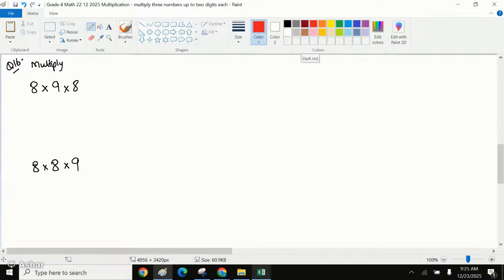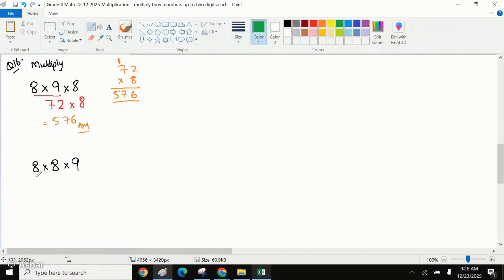What is 8 times 9? 72 multiplied by 8, right? So when 72 is multiplied by 8, we know that 8 2s are 16, we carry 1. 8 multiplied by 7 is 56, plus 1 is 57. So we can say the answer is 576.